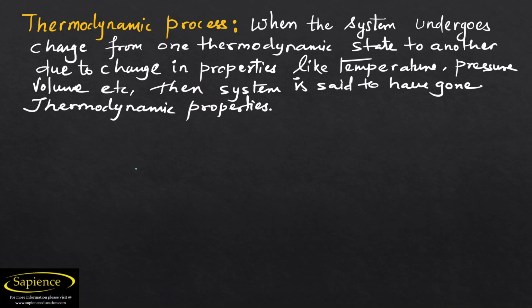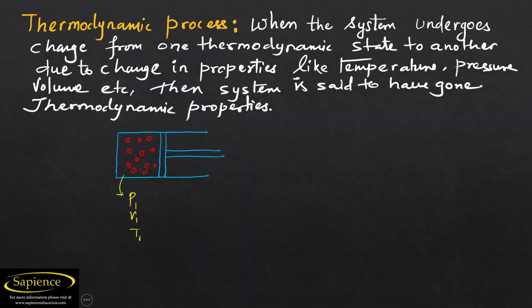Let us consider there is a piston and cylinder, and there is a gas inside this cylinder. So these are the gas molecules inside the cylinder, and now it has properties like P1 pressure, V1 volume, T1 temperature.